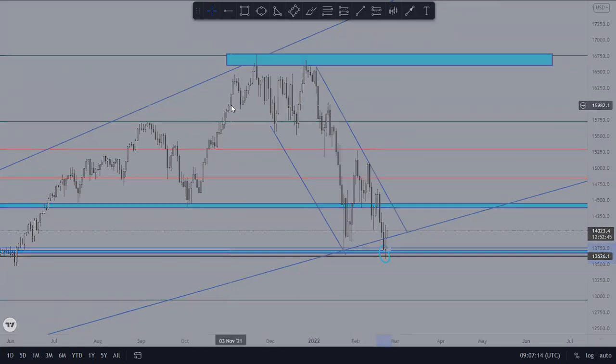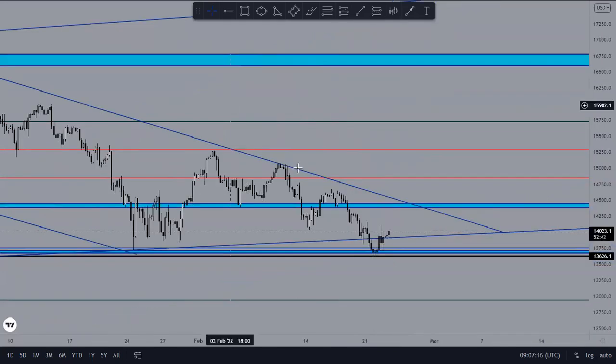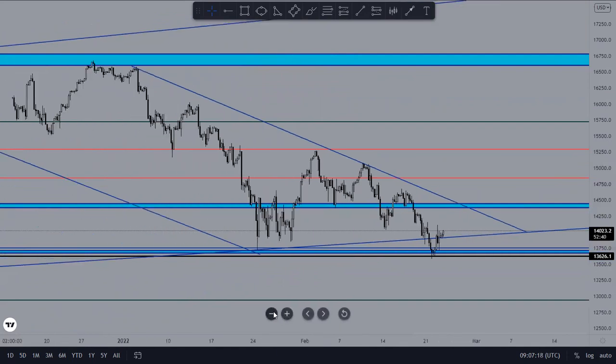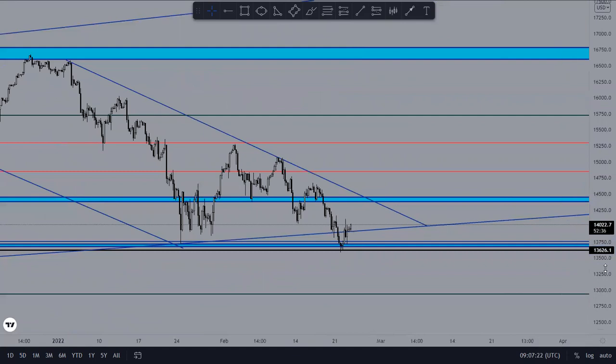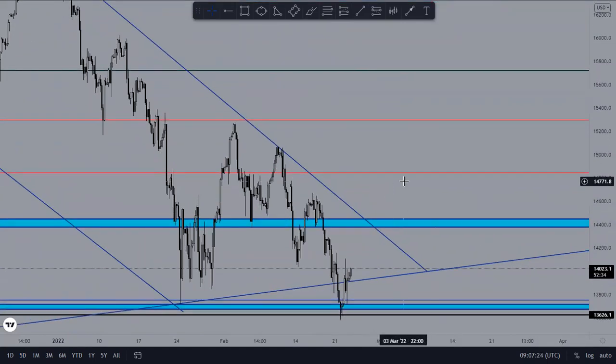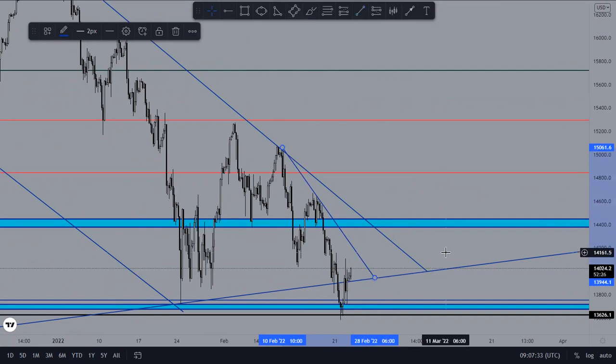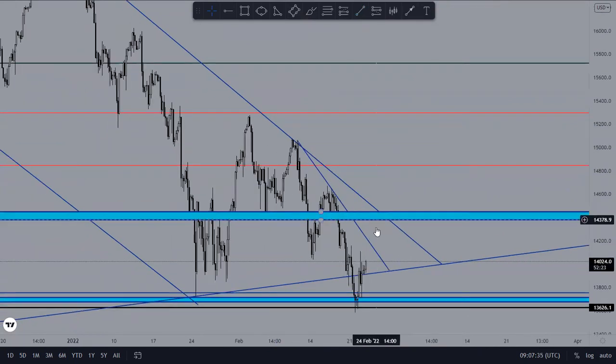Let's scale down to the 4-hour time frame. Let's see what's actually happening. So if you check on the 4-hour time frame, so that you see what is happening, guys. This is what I call a sniper trend line. When you're dealing with the 4-hour, that's a sniper trend line where you can add more trades once it breaks that trend line.